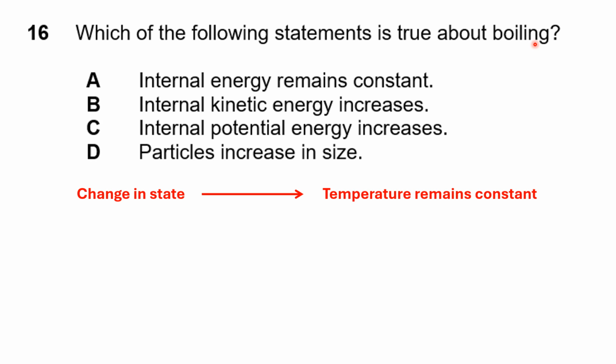Since the temperature remains constant, and temperature is a measure of the average internal kinetic energy of the particles, that means that during boiling, the internal kinetic energy of the substance is constant.